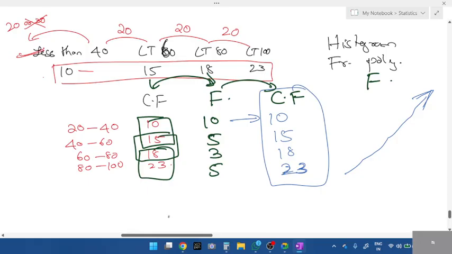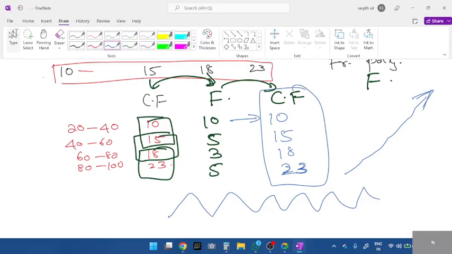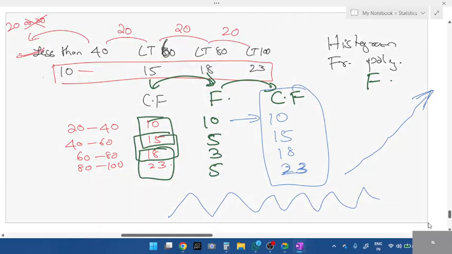What about frequency? It can increase and decrease. So hereafter, I won't be teaching increasing, decreasing, all these things, students. If I tell you histogram and frequency polygon, you should remember it is always frequency. Make a note.